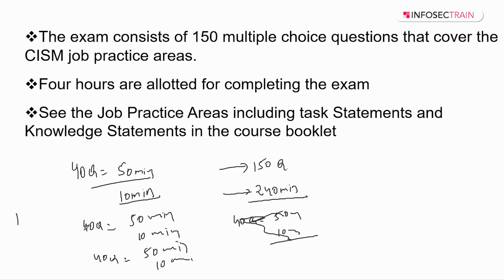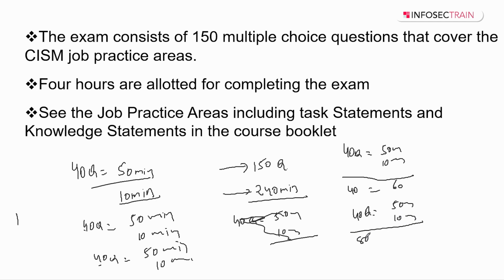You can take another respective 30 more minutes to complete the rest of the questions. I repeat again: 40 questions, 50 minutes, 10 minutes break. So 40 questions answered in 60 minutes, then 40 questions, 50 minutes, 10 minutes.